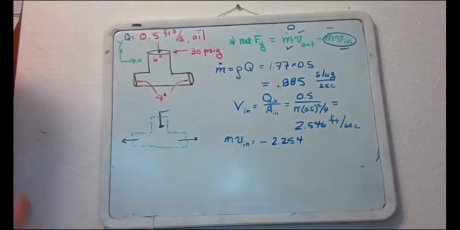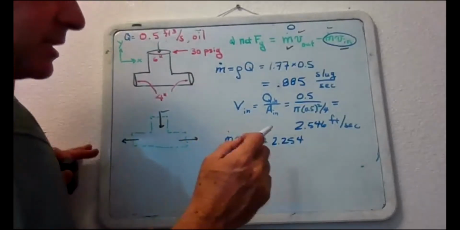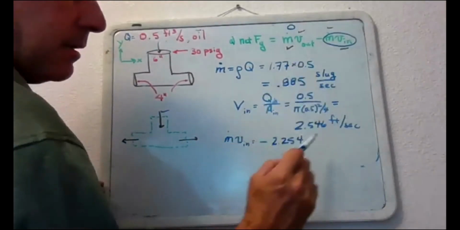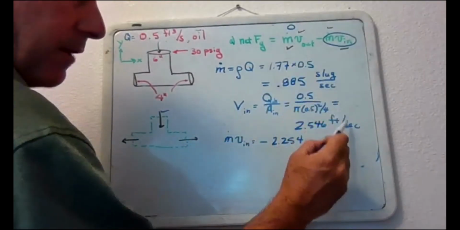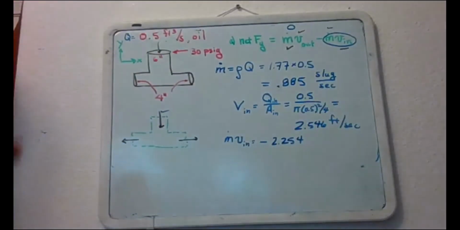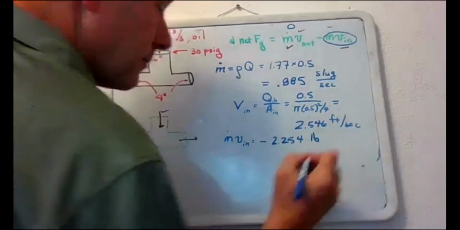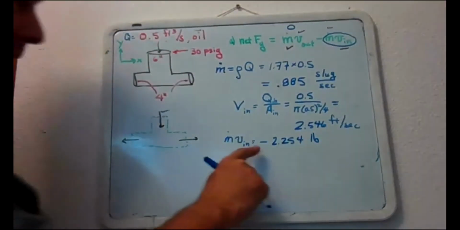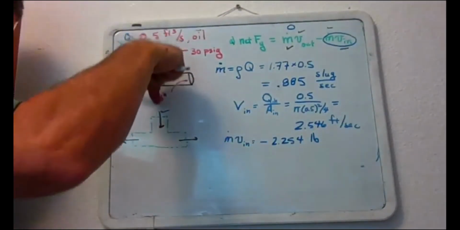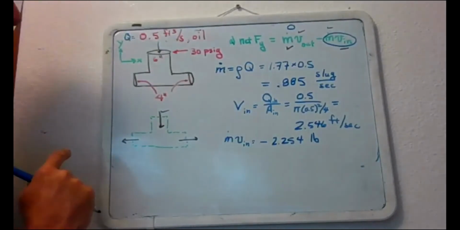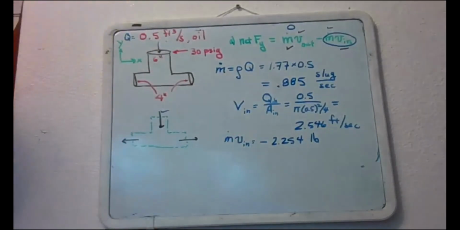And once again, with some practice, you're going to see this. I've got a slug, I've got a foot, and in the denominator I've got seconds, and that's a second squared. Slug foot per second squared is a pound. Okay, and again, why negative? The momentum flow in is down, and that's in the negative direction. So let's finish it off then.